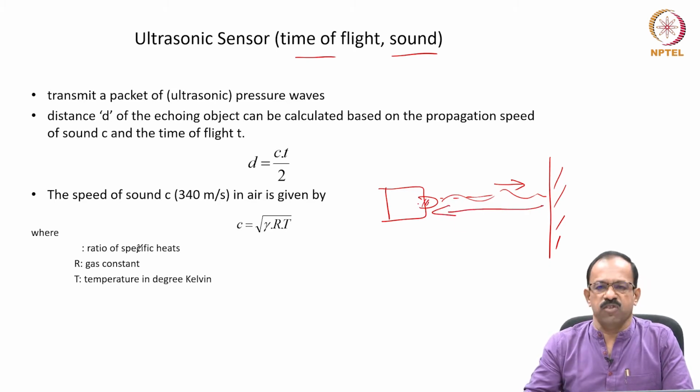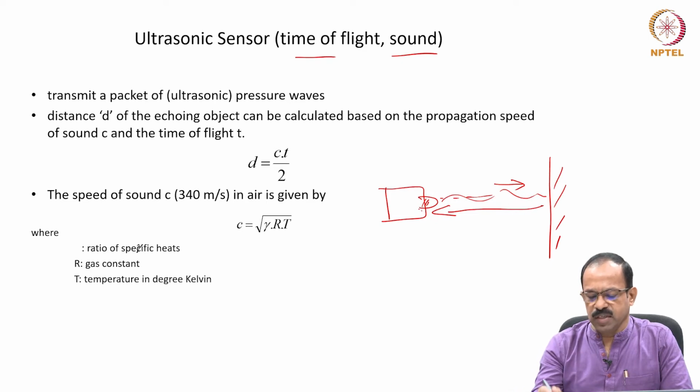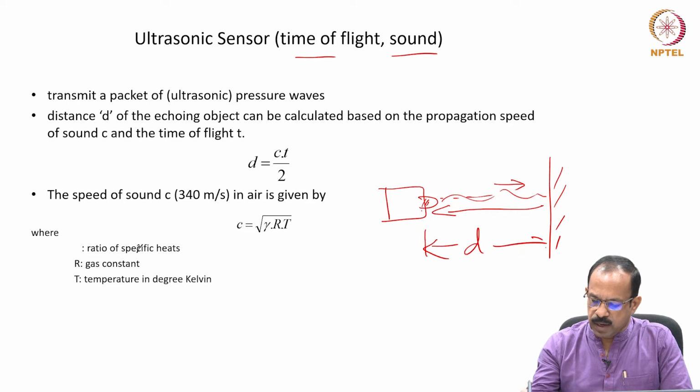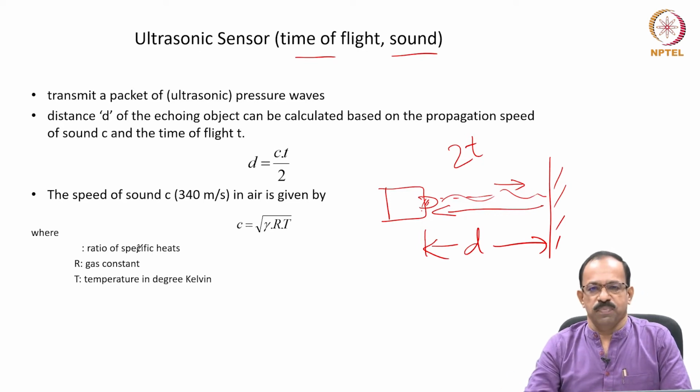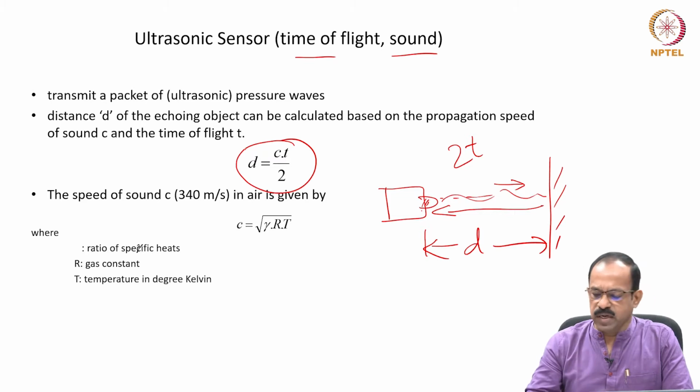So this will be a transmitter and receiver. The transmitter will send the sound wave, it will travel to the object, reflect, and come back to the receiver. We know that this is the distance d and it takes time 2t for the to and fro motion, and therefore d is given as c into t by 2.